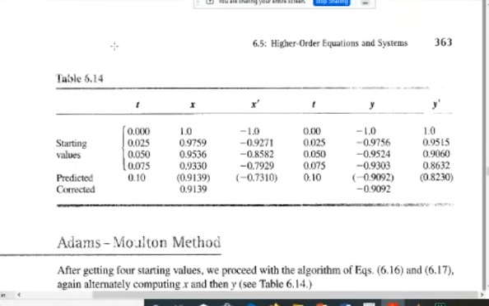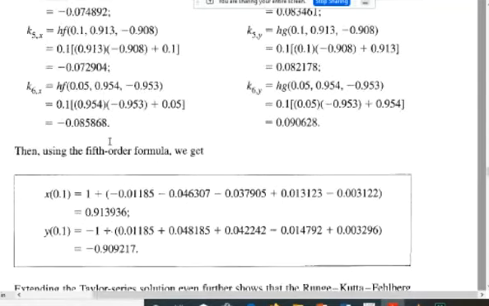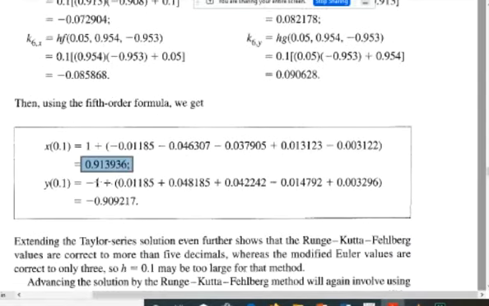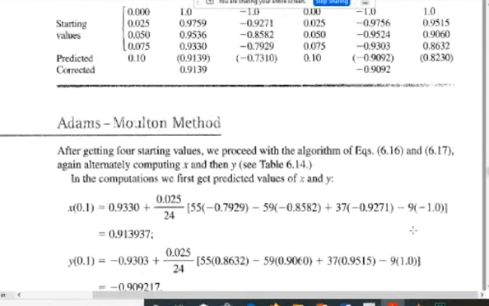Here we have the values of the system of predictor-corrector method. You can see the final value of y and the final value of x, when we compare that to the final value of x and y with the Runge-Kutta approach, and we can see the difference between them as the errors.